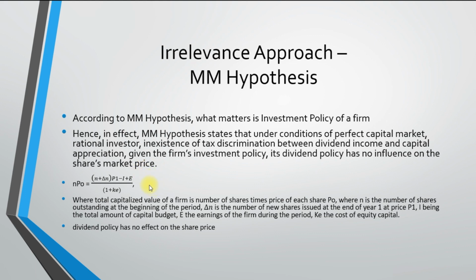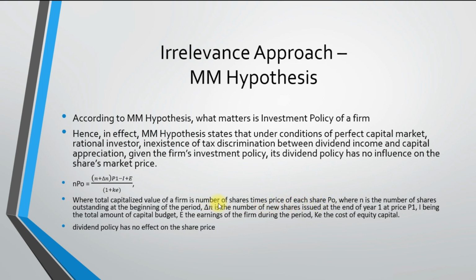This has also been made very clear by the hypothesis because it has an equation here, nP0 equal to (n plus delta n) P1 minus I plus E, divided by 1 plus Ke, where total capitalized value of a firm is the number of shares times price of each share, which is P0.